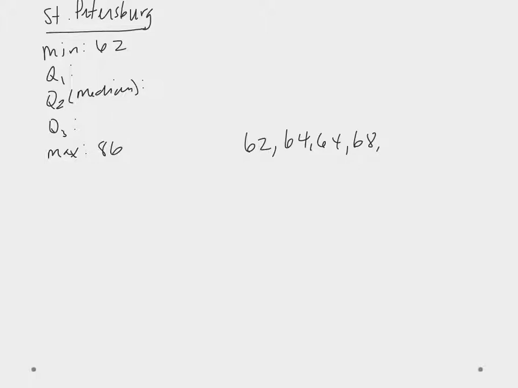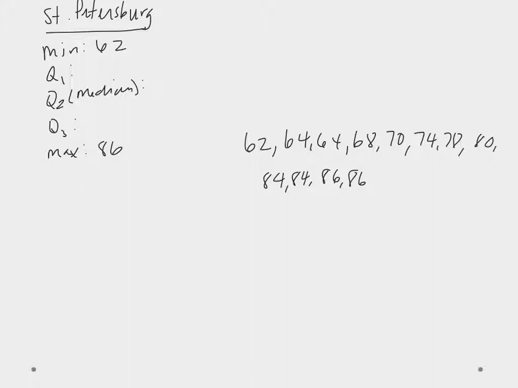And then we have a 70, a 74, and a 78. And after 78, we have an 80, 2 84s, and 2 86s. And that should be right because that's 12 months.